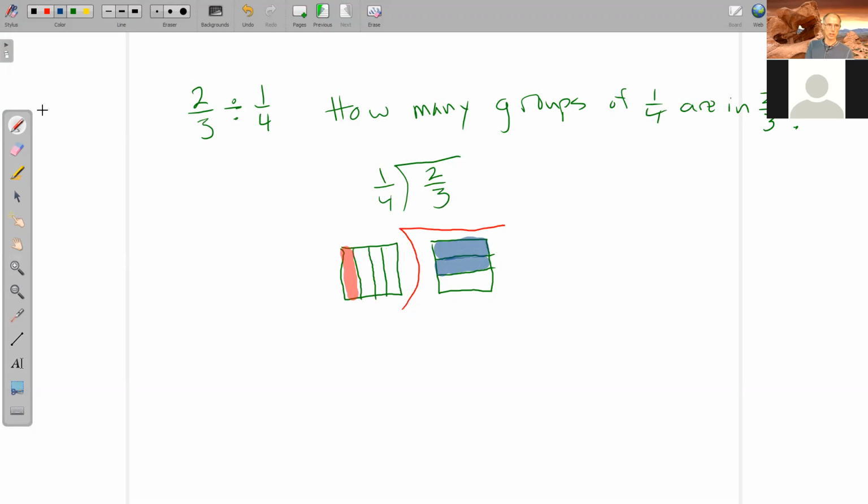So I'm just going to redraw this, leave that original one there. So here's my division box, my holes. My thirds and my fourths.